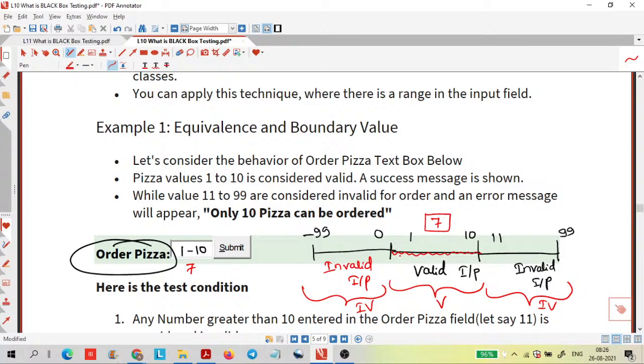No need to check all the inputs. Suppose the input range is 1 to 100, then no need to test 100 inputs. If we test any one value and it is working, then we can consider the test case passed.